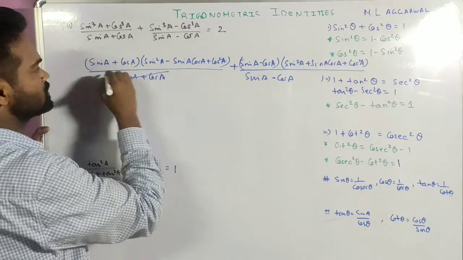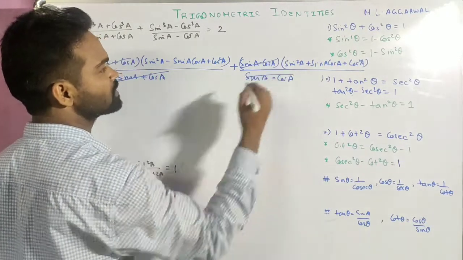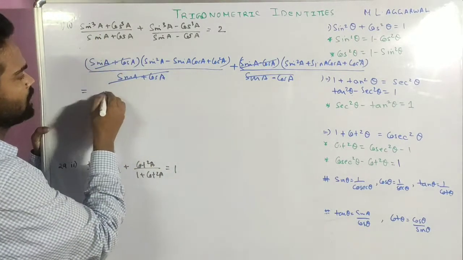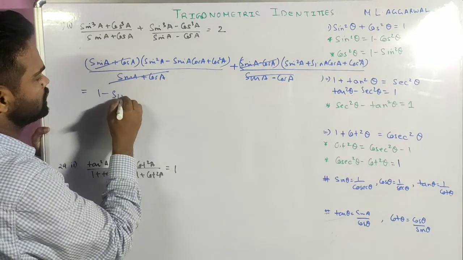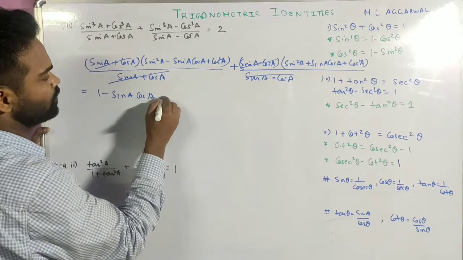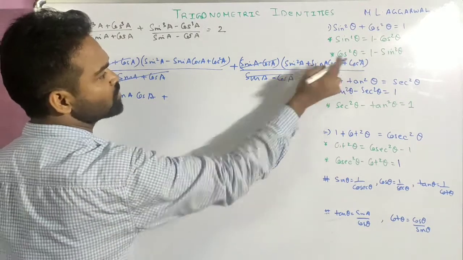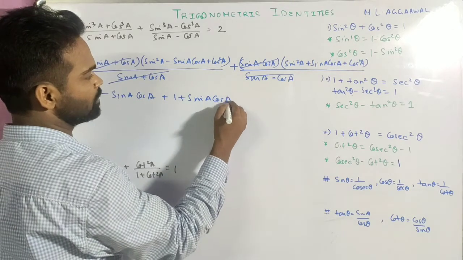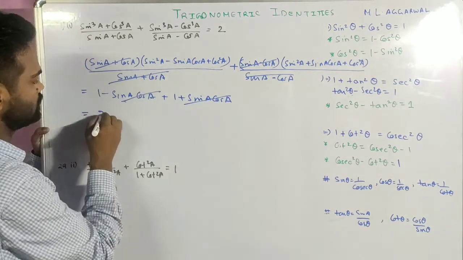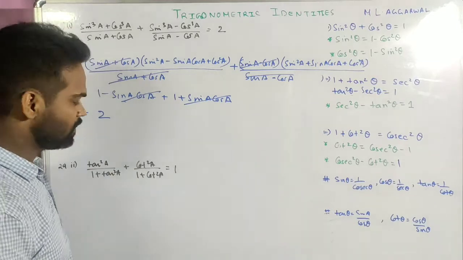Now look at it. This cancels out. So what remains? If you look carefully, sine square theta plus cos square theta is 1. So 1 minus sine A cos A over here. Over here also sine square A plus cos square A is 1. 1 plus sine A cos A remains. This and this cancels out. This becomes 2. Done. Very easy.